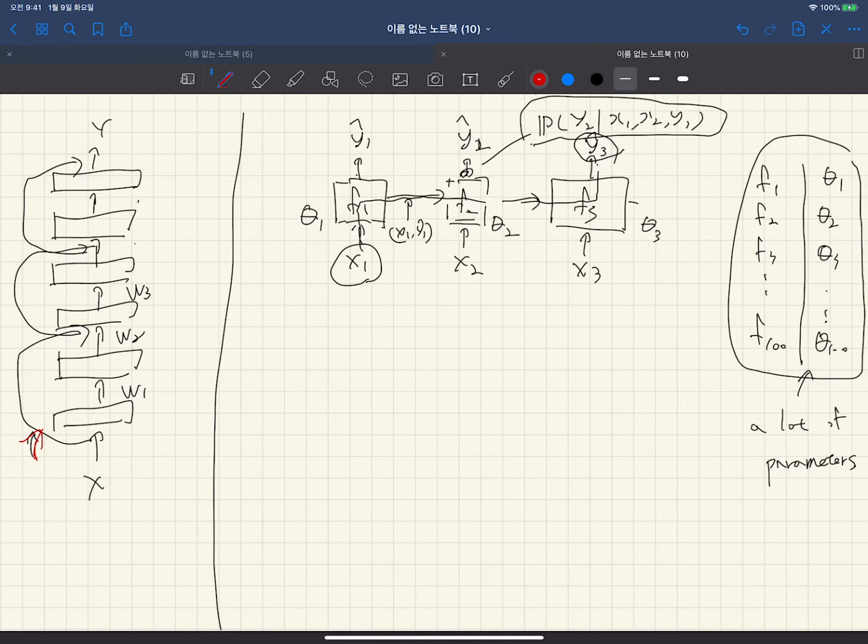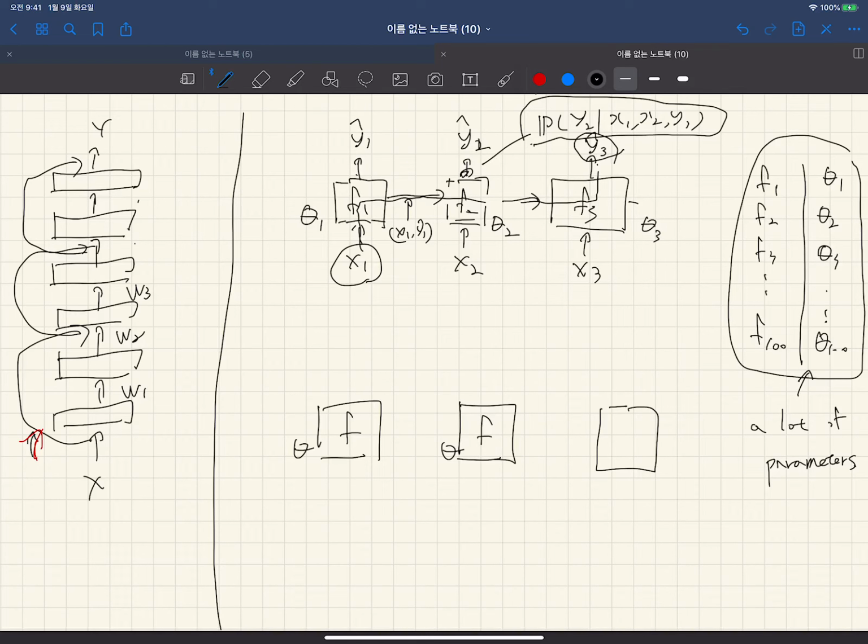So let's solve this issue one by one. First of all, how can we save the number of parameters? How can we reduce the number of parameters? One very simple and naive idea is, let's reuse the same function again and again. So instead of defining different functions for each step, let's reuse the same function f with the same parameter theta all the time.